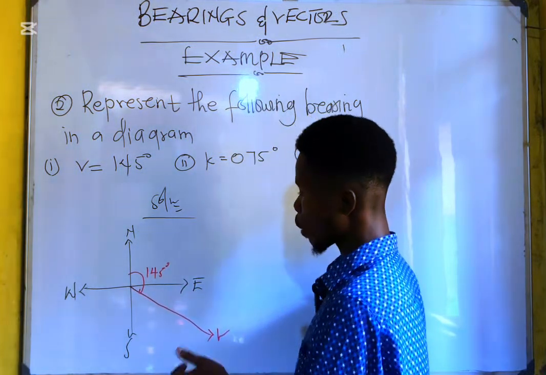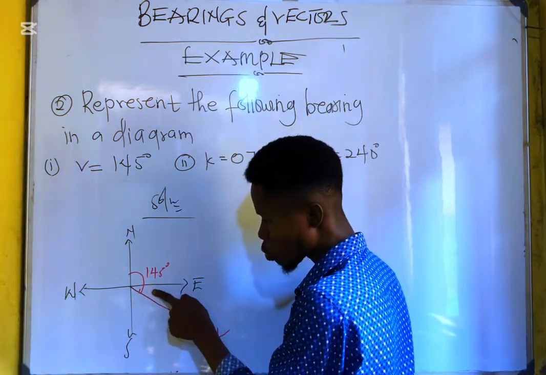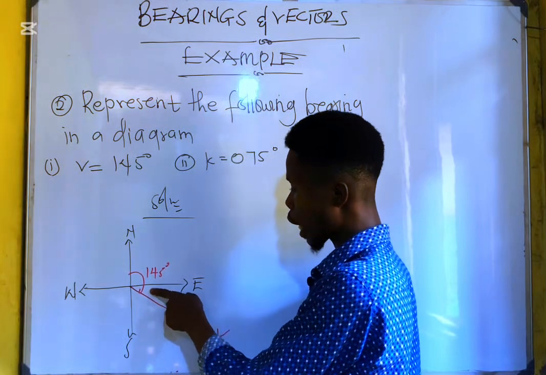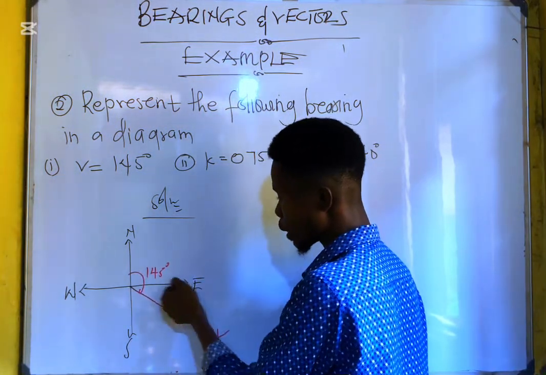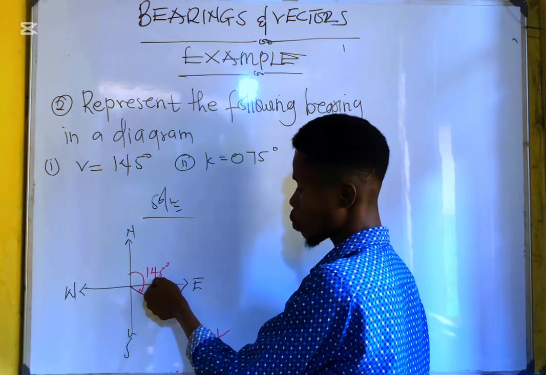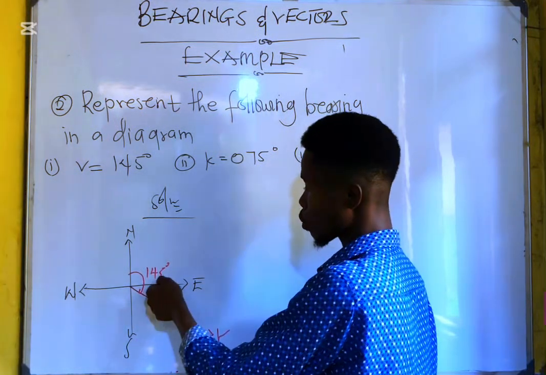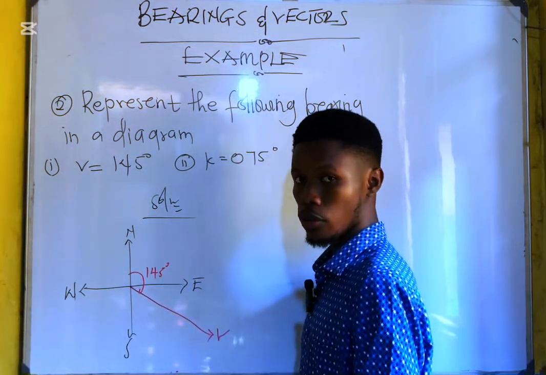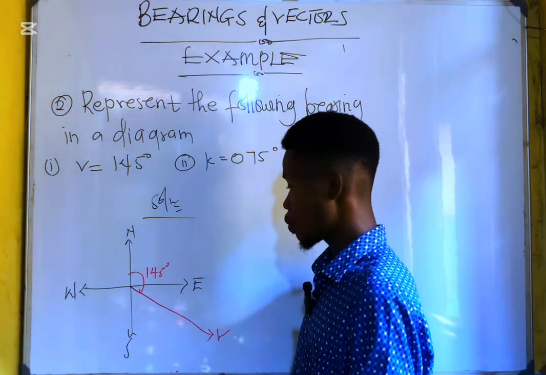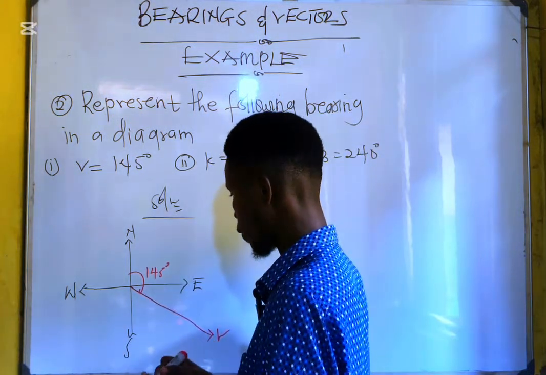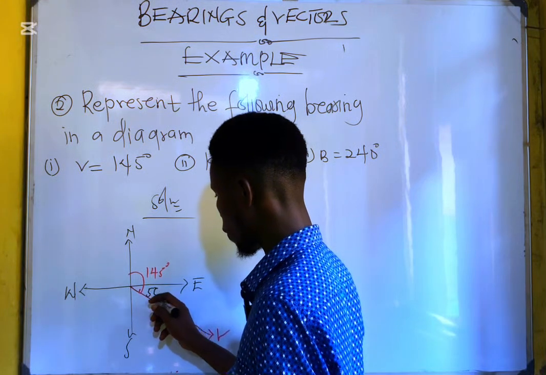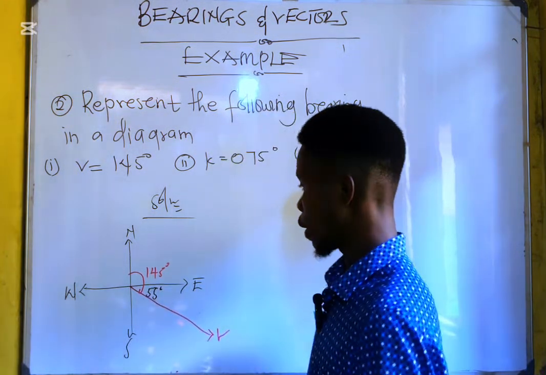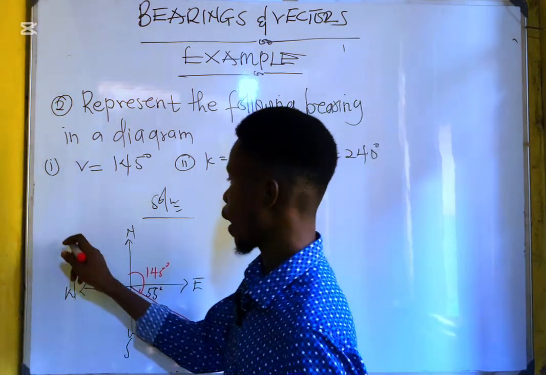But if I want to know the small angle here, what I do is subtract the 90. From this place to the east is 90 degrees. So I'll subtract 90 from 145. If you subtract 90 from 145, what do you have? You get 55. It means that this small area here is 55 degrees. Is that okay? So that is the I.